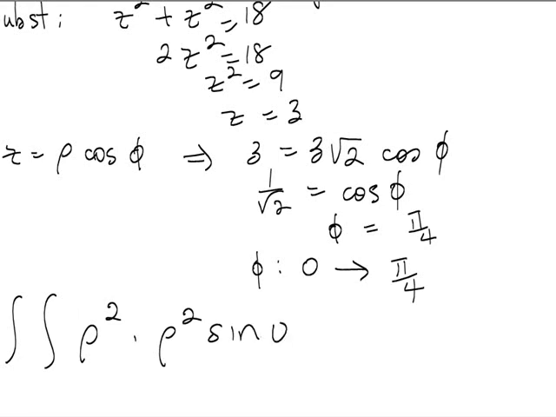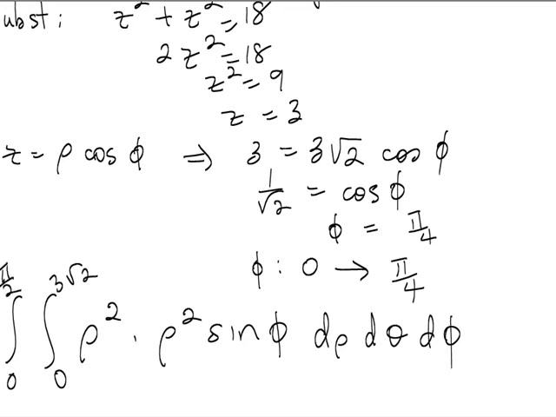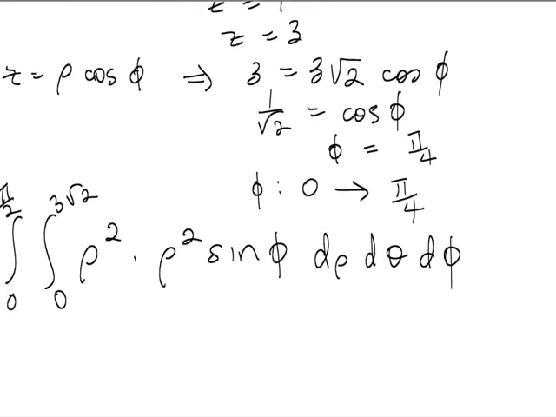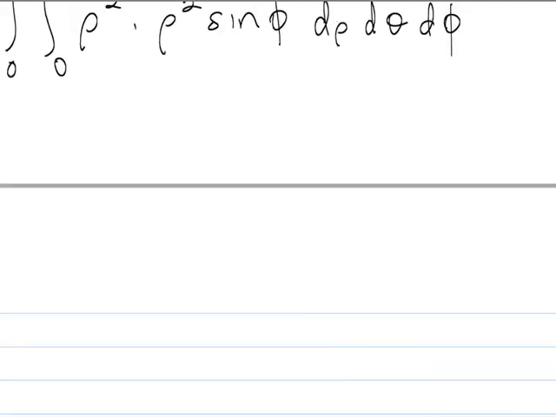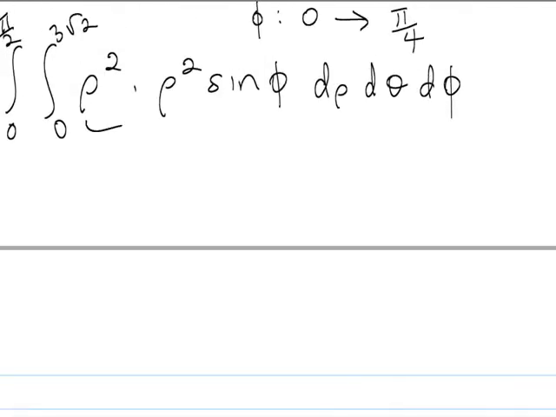Rho squared sine phi d rho d theta d phi. So 0 to 3 square root 2, 0 to pi over 2, 0 to pi over 4, and just simplify that. This part just works out to be rho to the 4th sine phi.